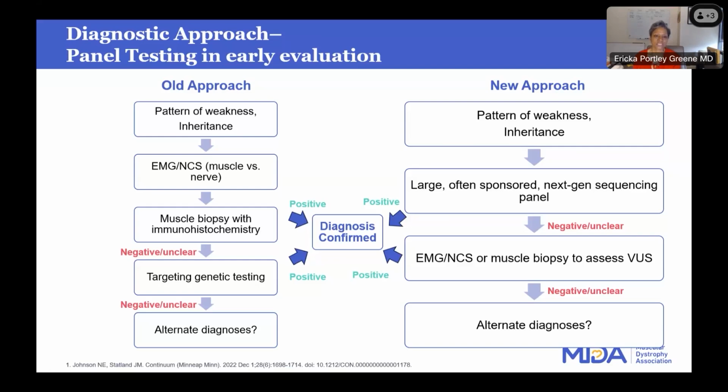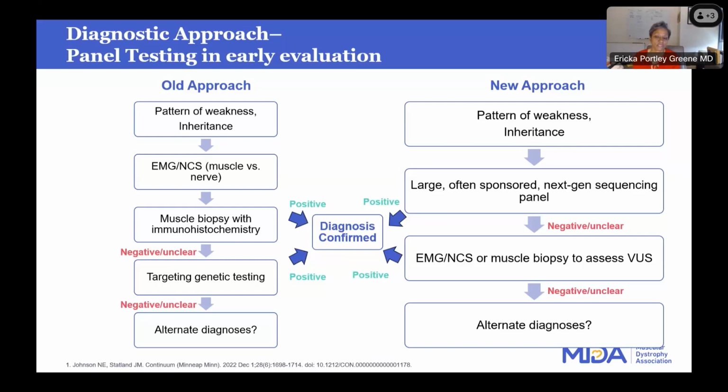But often that would still leave us with a lack of a diagnosis, because more often than not, the pathology wasn't specific enough, or because of sampling, we weren't able to get a good sample to really look at the pathology, or there could be systematic issues with processing and interpretation. And so now, because we have whole genomic sequencing, exomic sequencing, and next generation sequencing where we can look at 10 to 20 different genes to cover a panel of different disorders across many commercial agencies, we've been able to spread a much wider net.